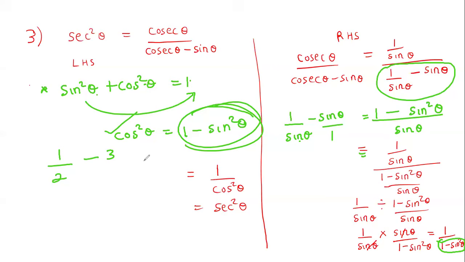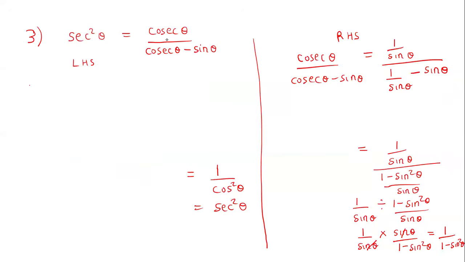Brian, what is your LCM here? 1 minus, there is 1 over 2 minus 3. What could be your LCM? It is 2. How did you get 2? I made 3 also to be a fraction, 3 over 1. Have you understood now? Yes, I've gotten it. Thank you.